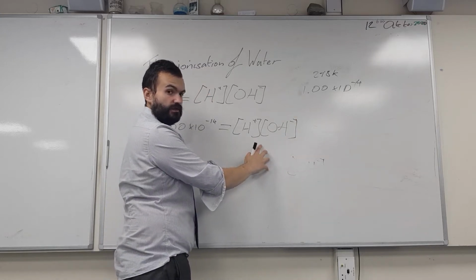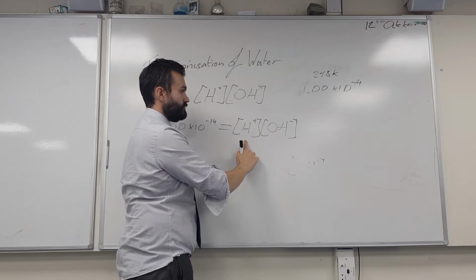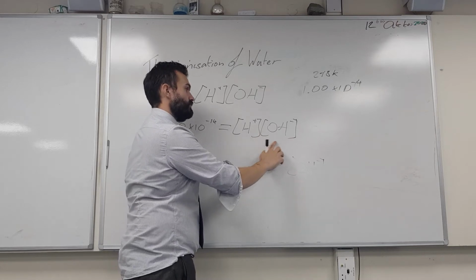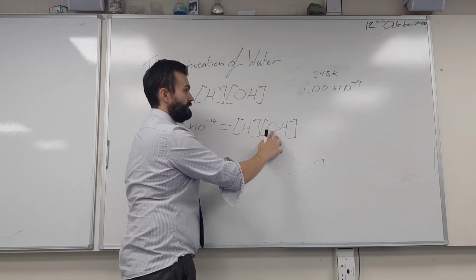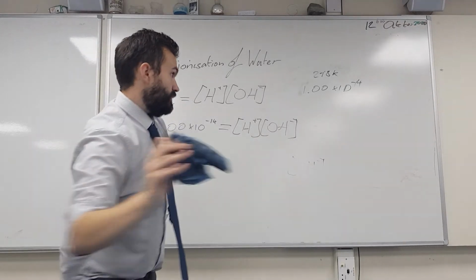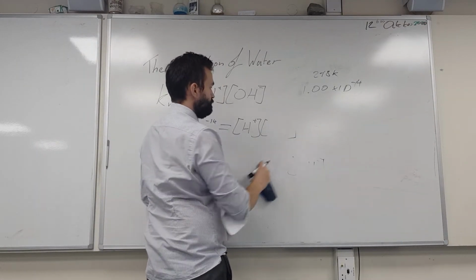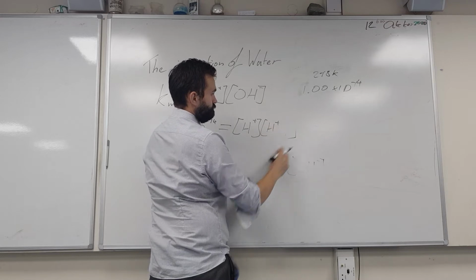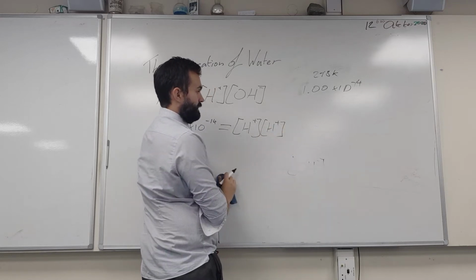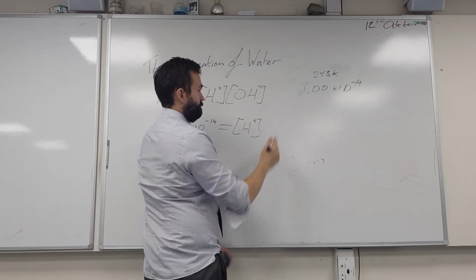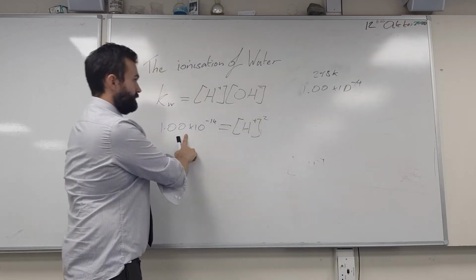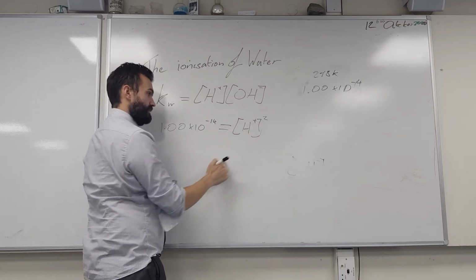Because this is water and these are equal, because it's neutral, we can replace OH- with H+, because it's the same concentration. Therefore our Kw is equal to [H+] squared.